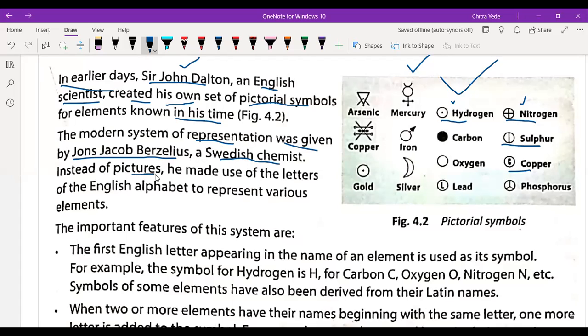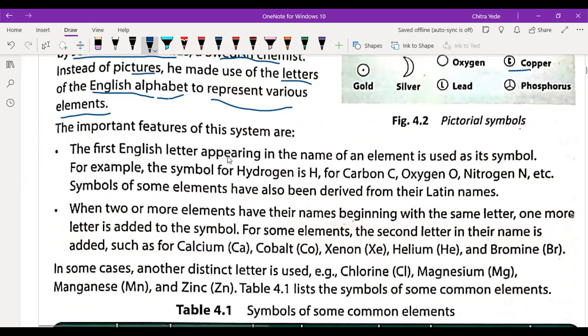Instead of pictures, it is now in letter form, and it is very easy to understand and remember. The letters of the English alphabet are used to represent the various elements nowadays.